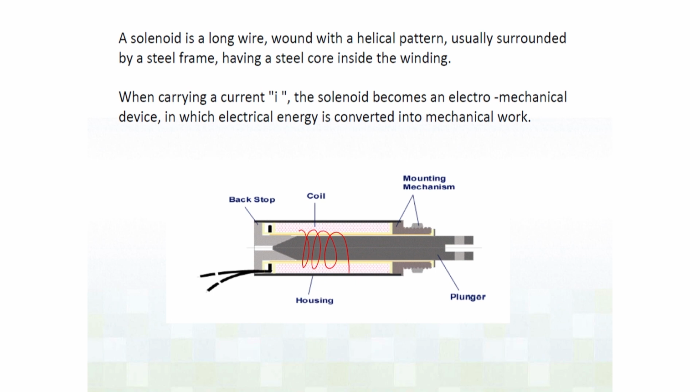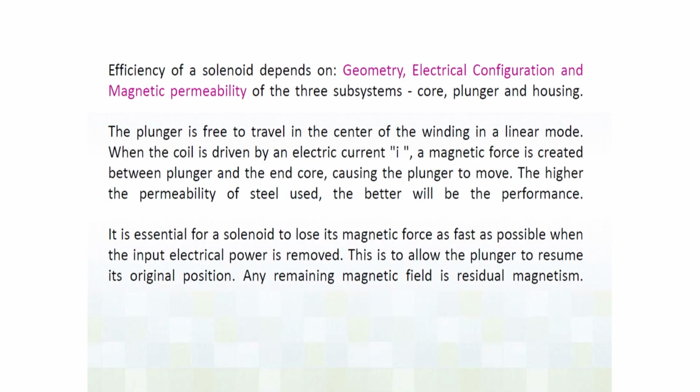Now, that magnetic field interacts with the system that is inside and applies a Lorentz force, using which this plunger system can move back and forth. That is the idea of a solenoid based electromagnetic actuator system.